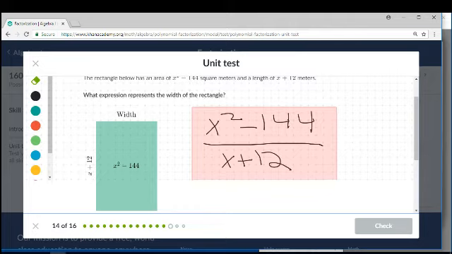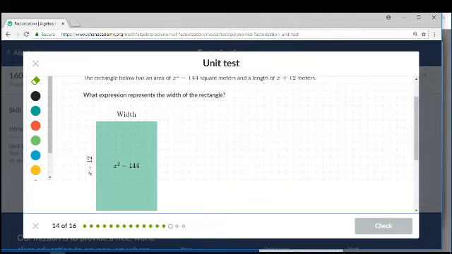I'm not going to teach you how to do polynomial long division. What I can teach you is that another way to say this is x plus 12 times what equals x squared minus 144. Another way to do this is, what if we just take x squared minus 144 and we factor it?